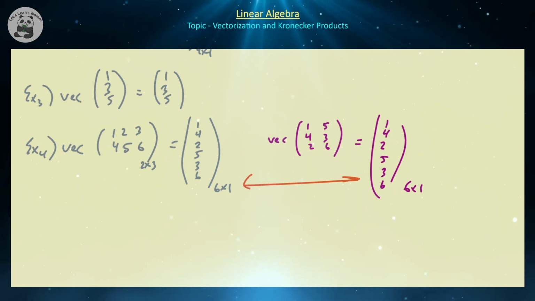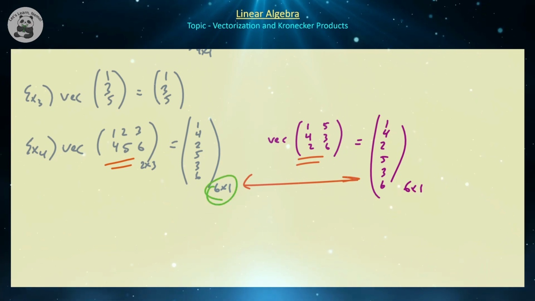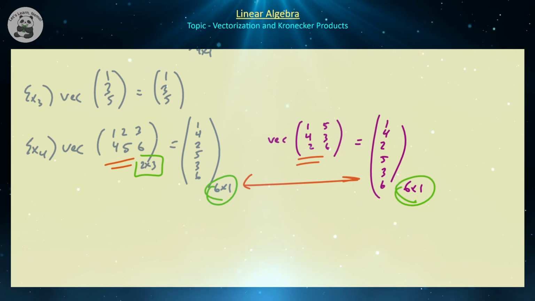So this mapping from matrices to vectors is not one-to-one because we have obviously two different matrices that map to the same element in the range of this particular mapping, right? So if somebody were to give you that particular vector and say, okay, what is the inverse mapping of this vector? They would have to tell you the size that the original matrix was.